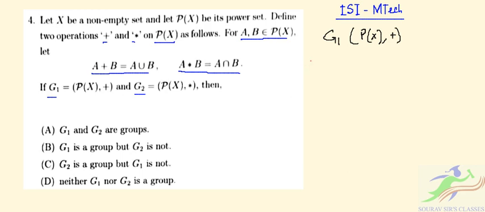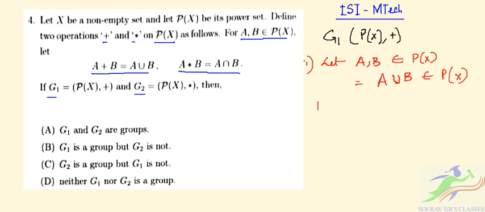So first, point 1. Let A and B be elements in the power set. Then A union B will also belong to the power set P(X). So from here you can say that P(X) is closed under the addition operation. Now point 2.